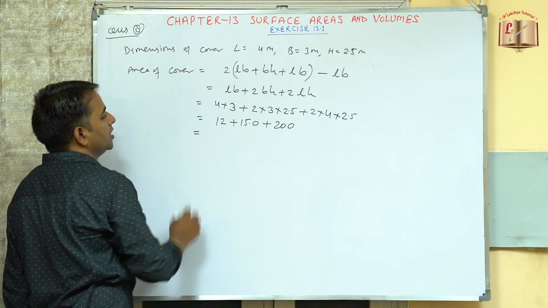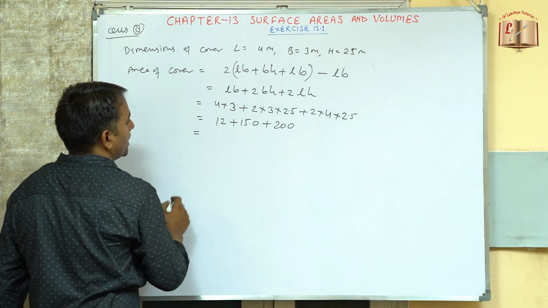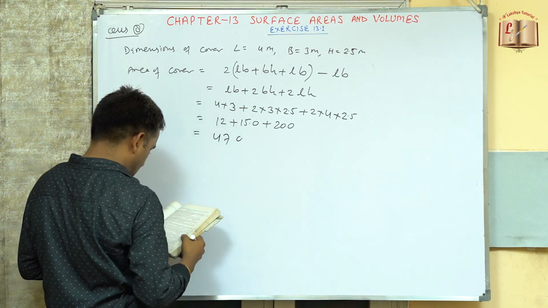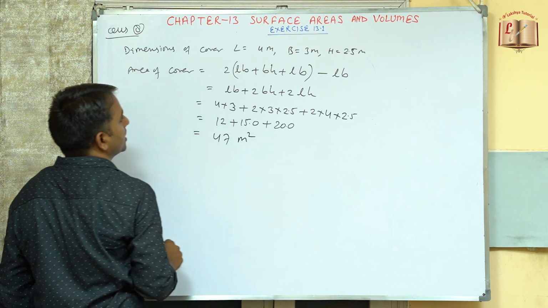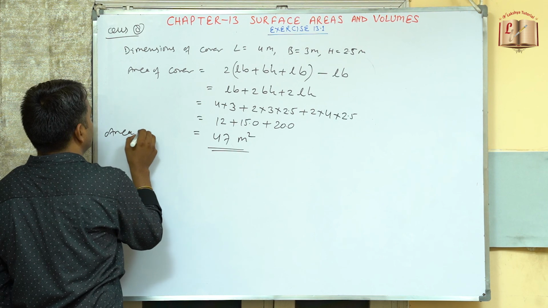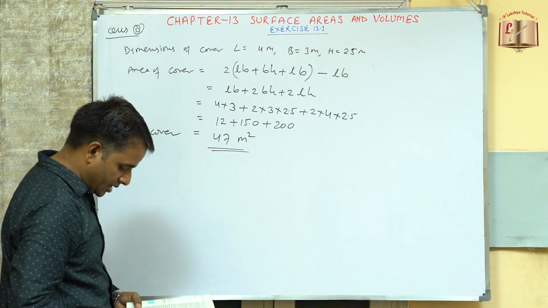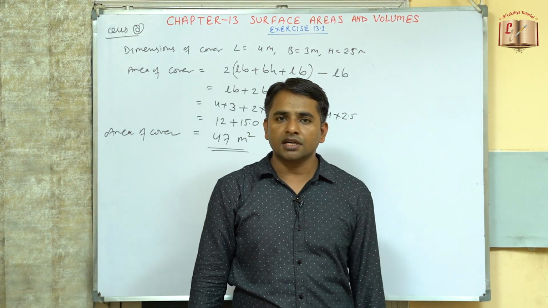So now we can add this up, and this becomes 47. This is in meters, so this will be 47 meter square. So this is now the area of the cover. So we have completed our exercise 13.1.